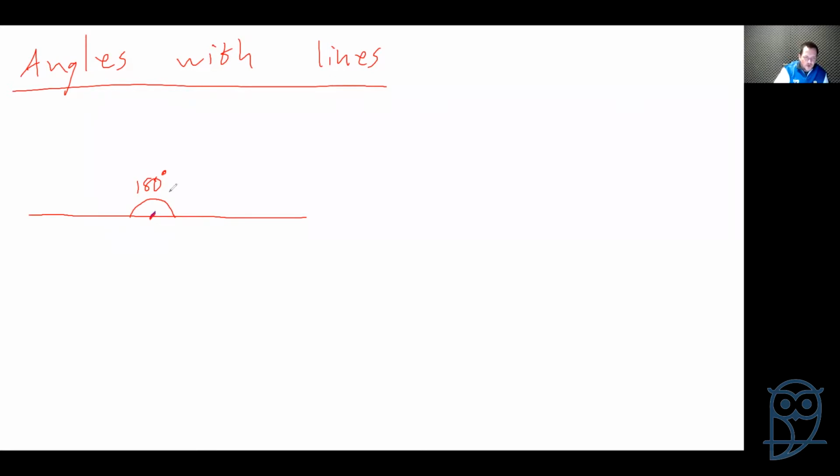So if I draw a line over there, and this one, for example, is 60 degrees, because the whole thing is 180 degrees, I know automatically that this must be 120 degrees, so that the whole thing adds up to 180 degrees. And this is known as lines. It's not known as lines. It is known as angles on a straight line.